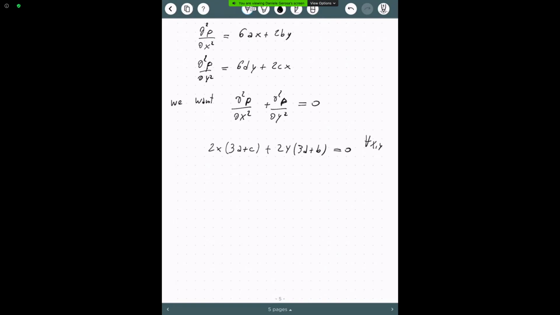So the only way to kill them both is, essentially, if and only if 3a is equal to minus c and 3d is equal to minus b. So these are the conditions. We have infinitely many such polynomials.